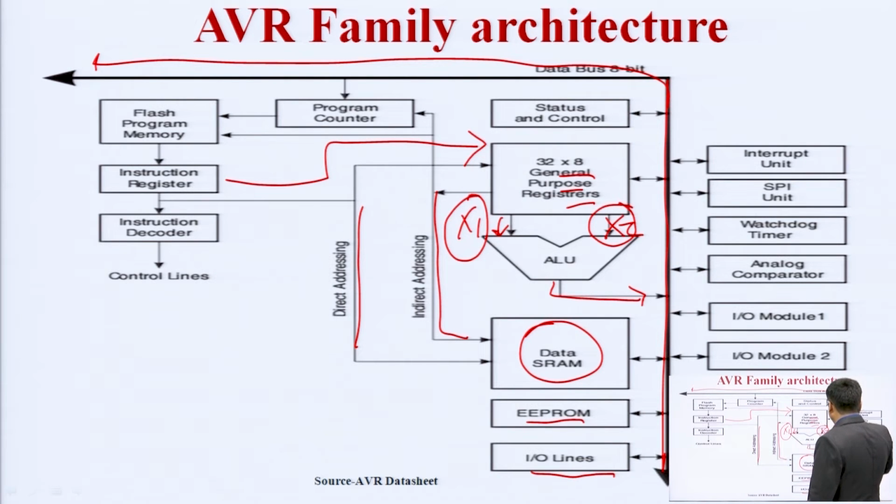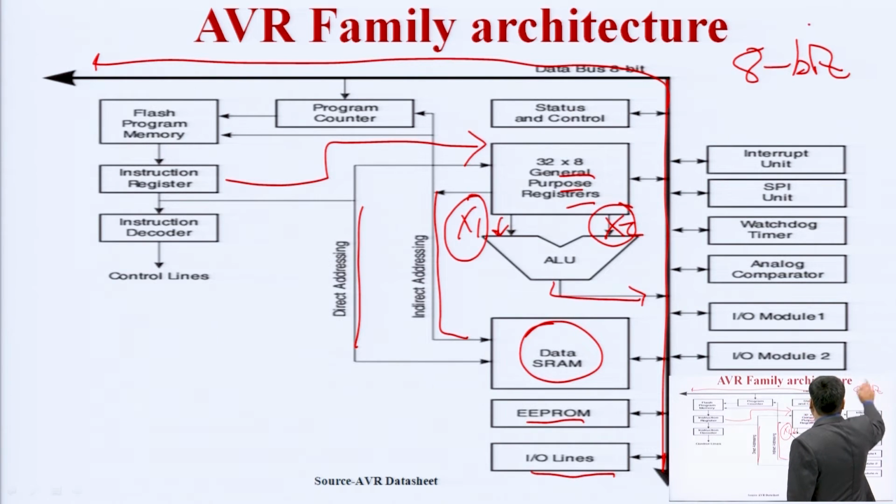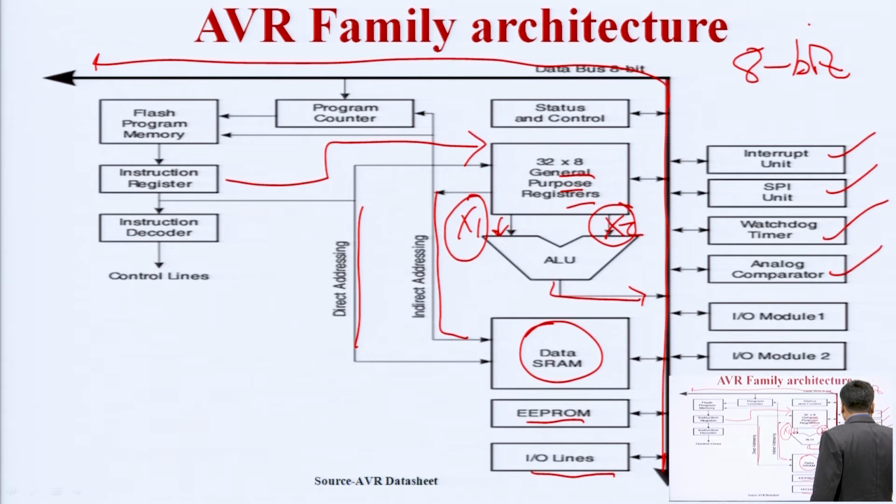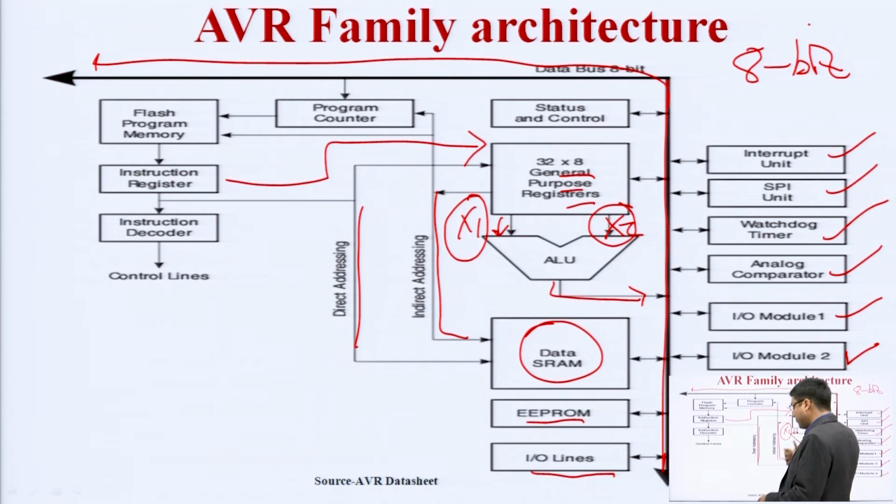So all are connected through the 8-bit data bus. Basically, we have seen that the AVR microcontroller is an 8-bit microcontroller, so it has a data bus of 8 bits. Okay. So there are other units available with the 8-bit data bus, like the interrupt unit, SPI unit, watchdog timer, analog comparator, and input output modules 1 to N. There are some input output modules available from 1 to N, and it may vary to large numbers as well.